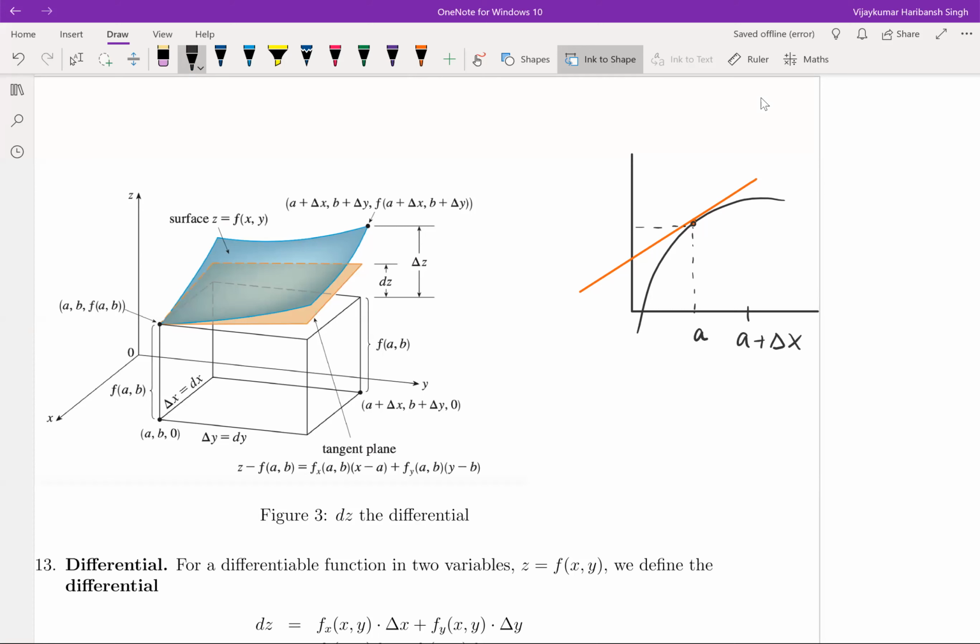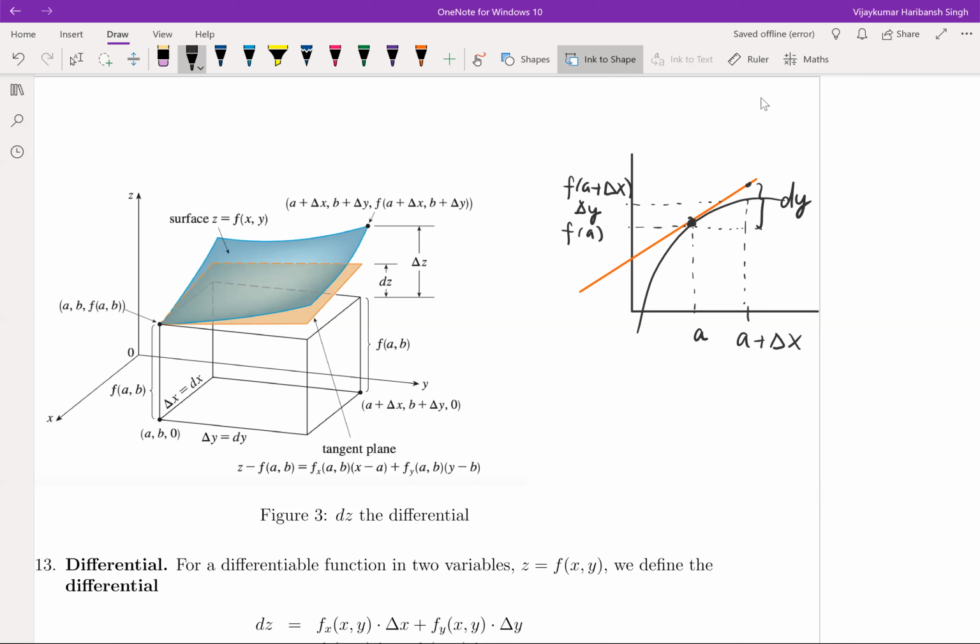Then your y value changes, and this is your delta y, which is f of A plus delta x minus f of A. What your differential was in this case was the change in your tangent line. This was your dy.